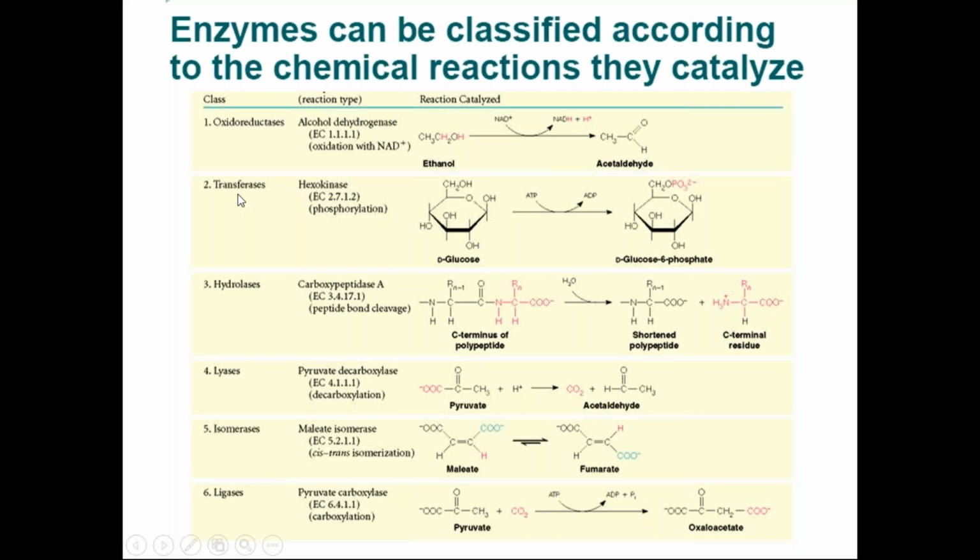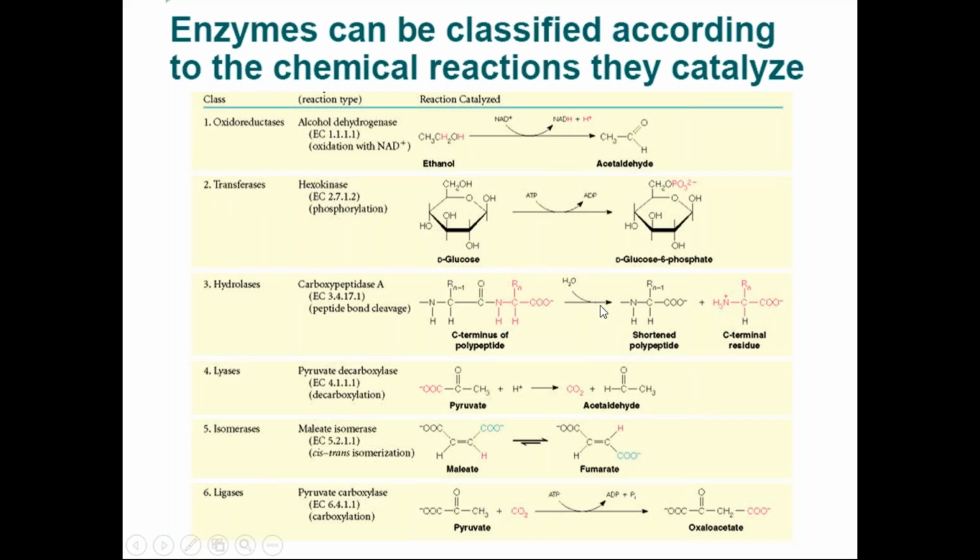Group 2 is the transferases, and these transferases are involved in the transfer of a group. So hexokinase, you see, is the transfer of a phosphate group from ATP to glucose. This is a transferase, and all transferases will begin with the number 2. The third group is the hydrolases.